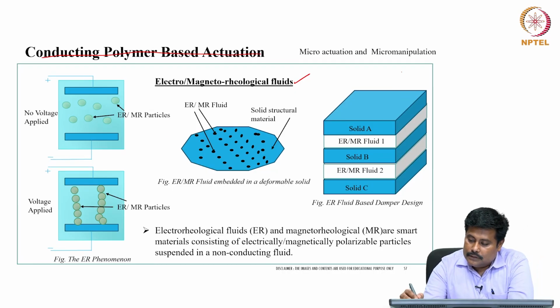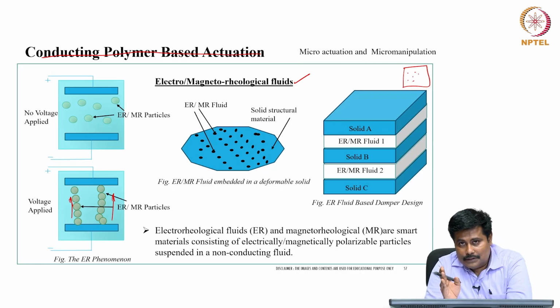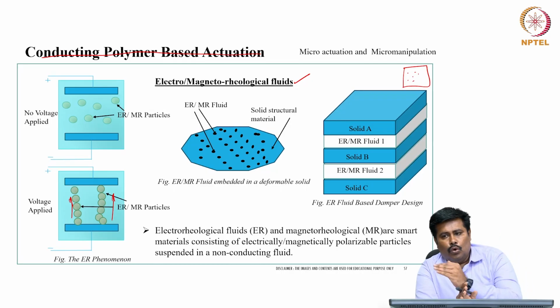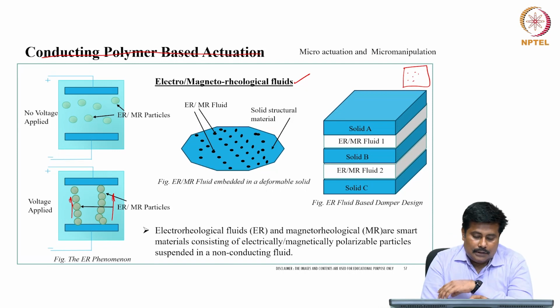So in this fluid, the particles are dispersed as shown over here. When a voltage is applied appropriately, it takes a shape. It aligns in a particular domain, so that this alignment is capable of making it move in a particular direction.